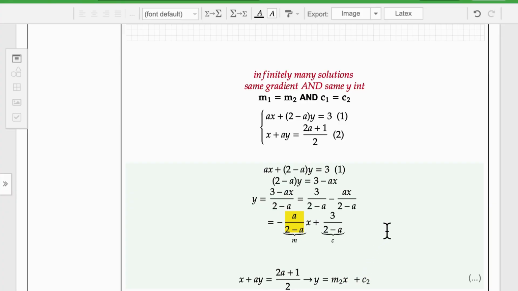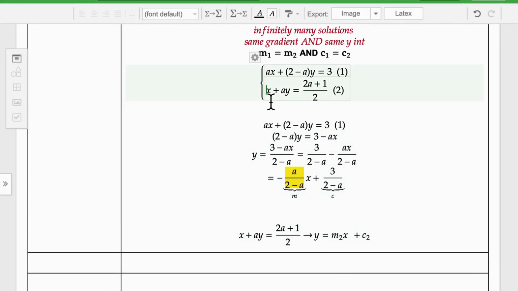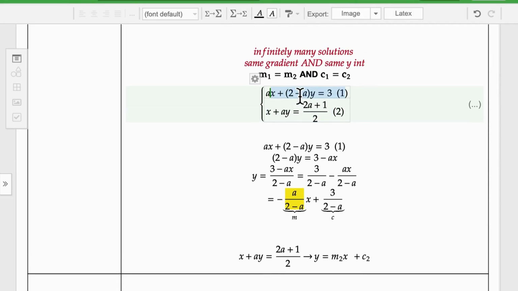I hope it's understandable. And then, for these two to infinitely intersect each other, it means that they overlap, right? They will have the same gradient and the same intercept. So by making m1 equal to m2 and also c1 equal to c2, we will have an equation to solve for the value of a.